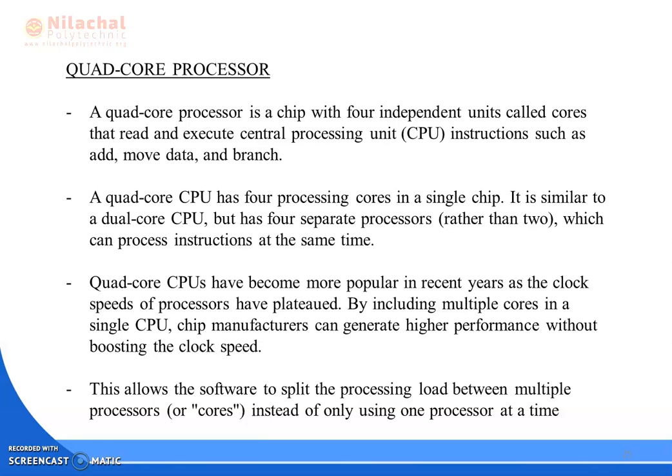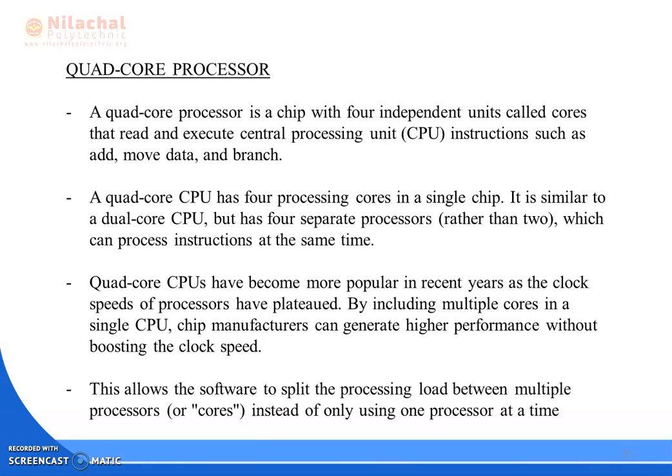So we can get higher performance out of the processors, but we don't need to boost the clock speed. Without any speed increase we can generate higher performance. So this is the very basic advantage of the quad-core processor.